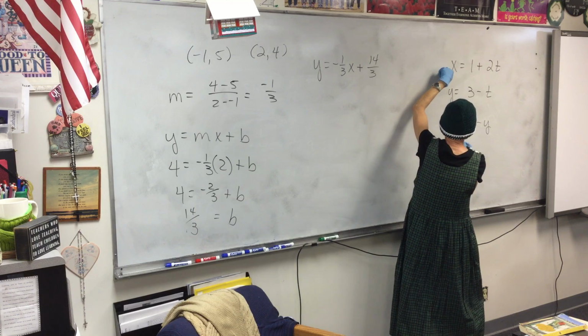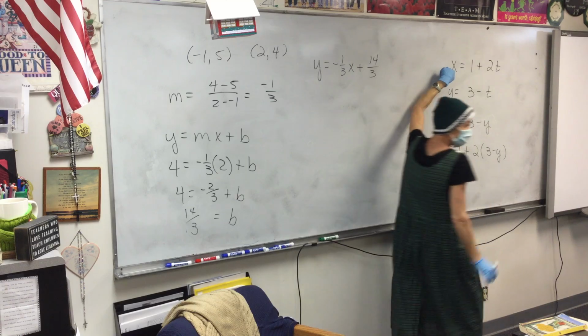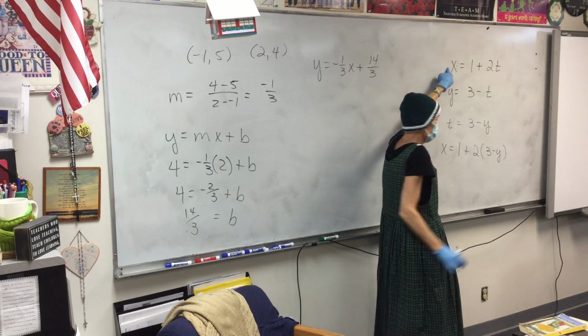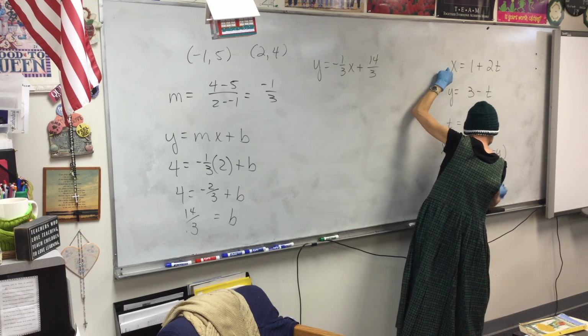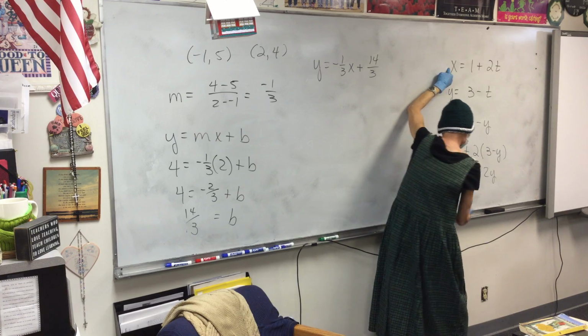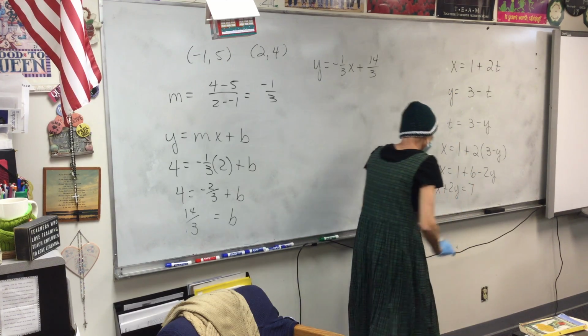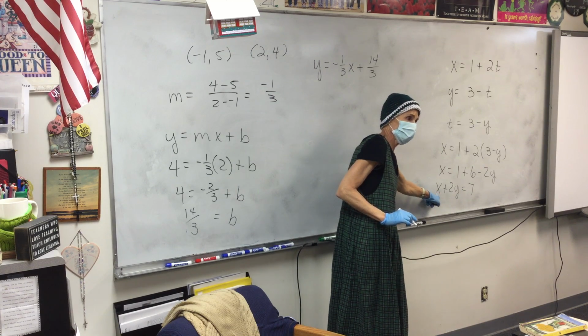So x equals 1 plus 2 times 3 minus y. So x equals 1 plus 6 minus 2y. And x plus 2y equals 7. If I clean that up a little bit, how does that look? What is that the equation of?